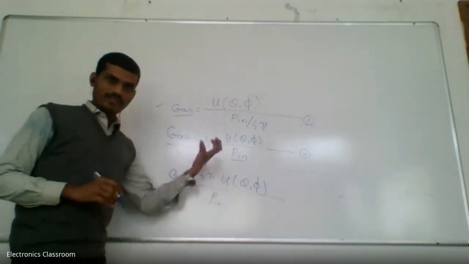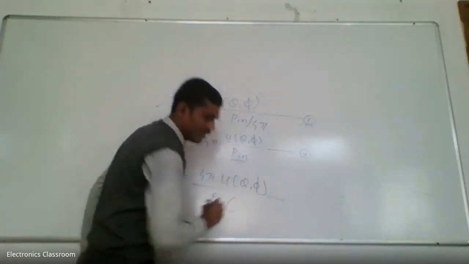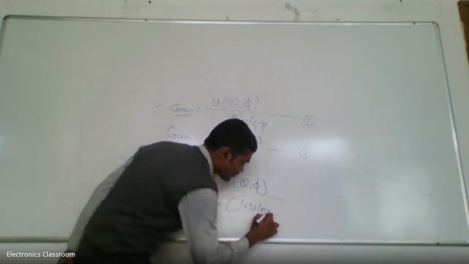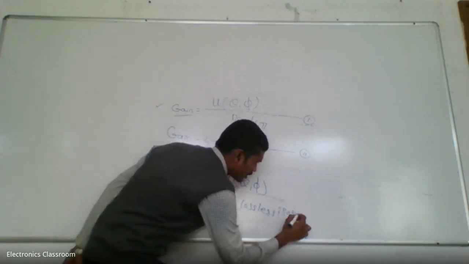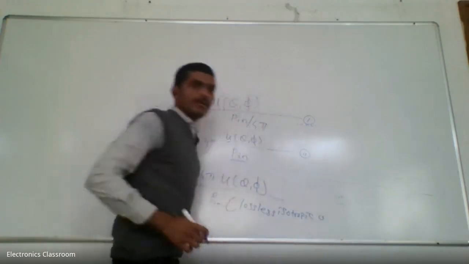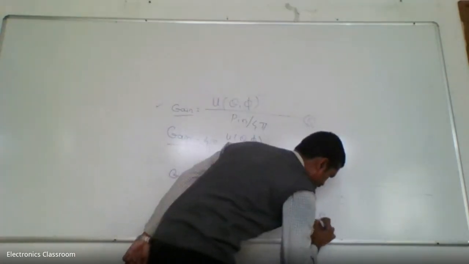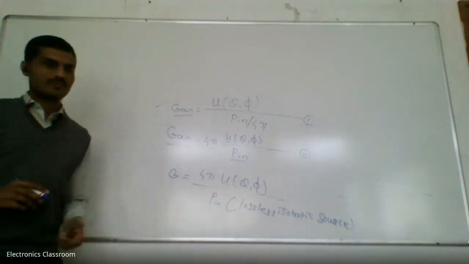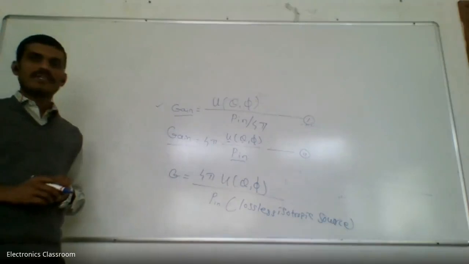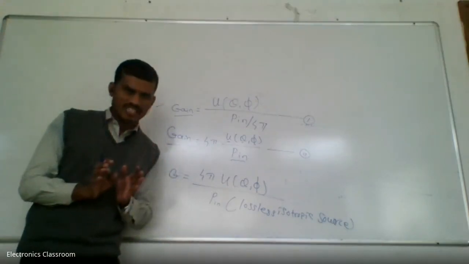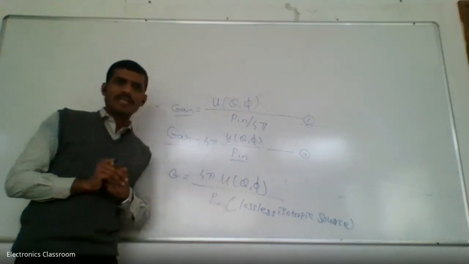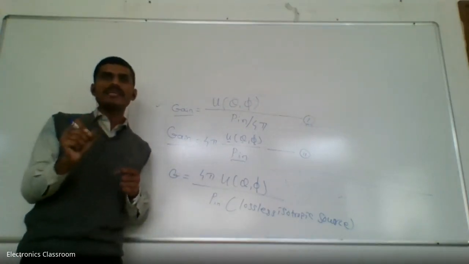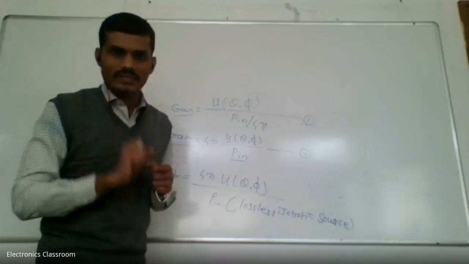But instead of a simple antenna, this P in is derived for the lossless isotropic antenna. Instead of antenna, we can write lossless isotropic source. Once again, it is dimensionless. When the direction is not stated for that particular isotropic antenna, at that time we can take the power gain usually in the direction of maximum radiation.